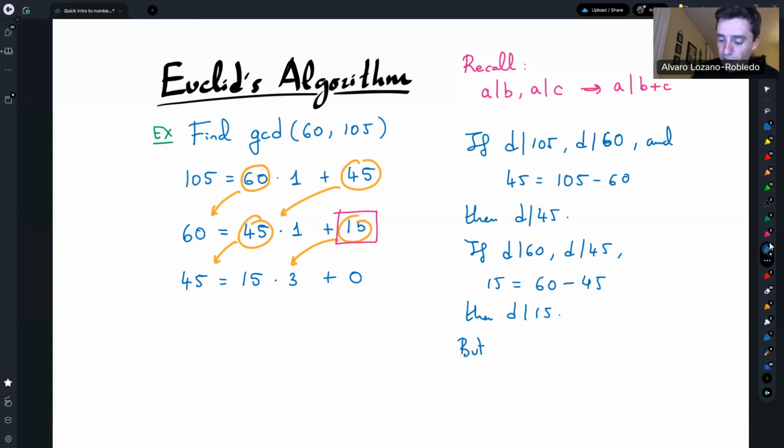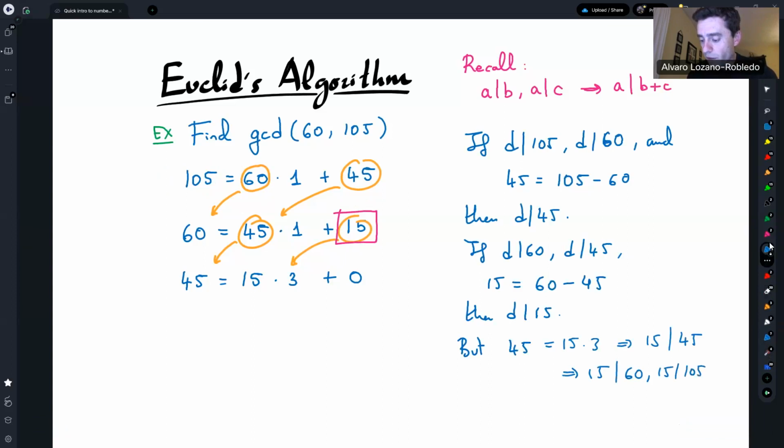But the fact that 45 is 15 times 3 implies that 15 does divide 45, and then from the equations above, 15 actually divides 60 and 15 divides 105.